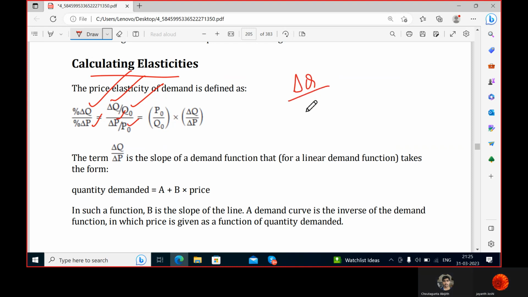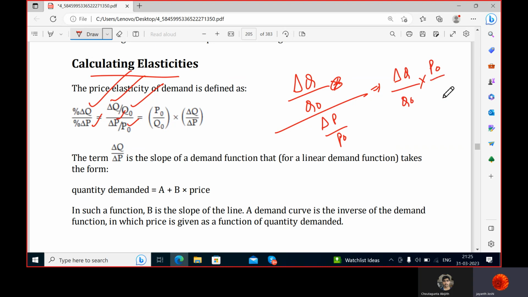So we go this way: change in quantity by quantity into P naught by change in price. We can put it this way: P naught by Q naught, base price and base quantity, into change in quantity and change in price. So this is what they have made.